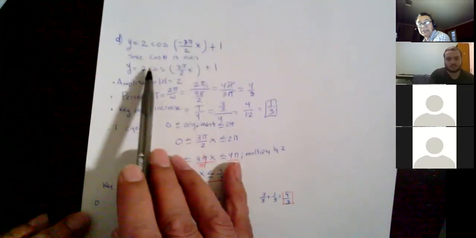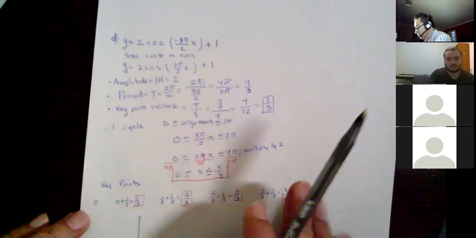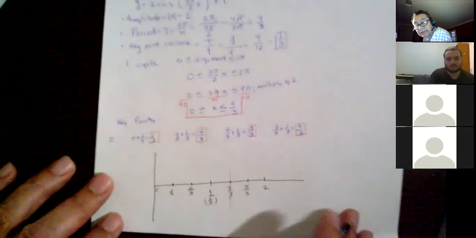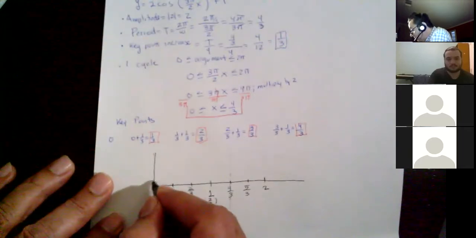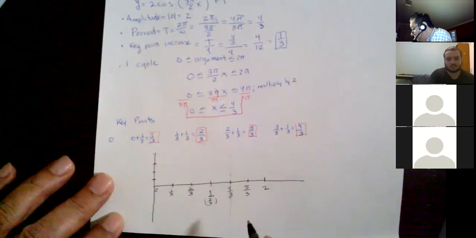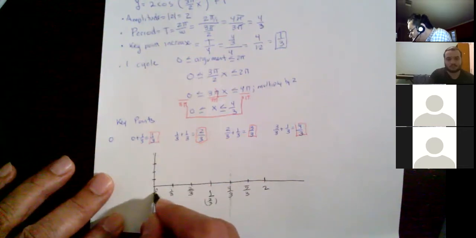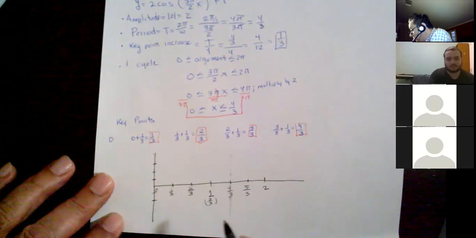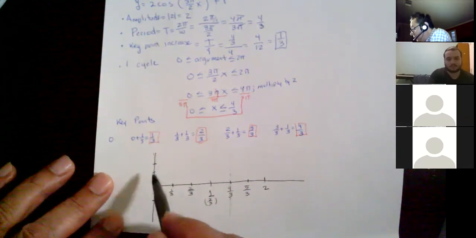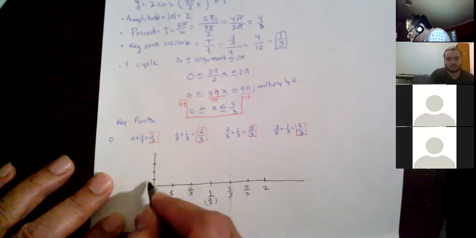The amplitude is 2 here, right? So I'm gonna scale here, and go 1, 2, 3, and also go down 1 and 2. Again, first thing I'm gonna do is take care of the vertical shift, which is 1.